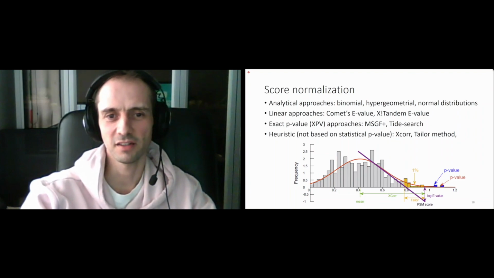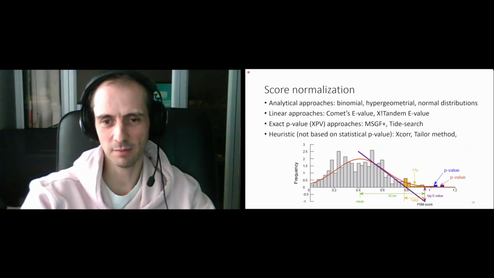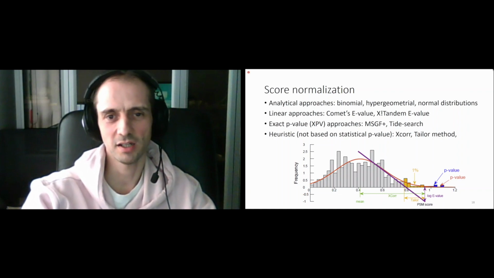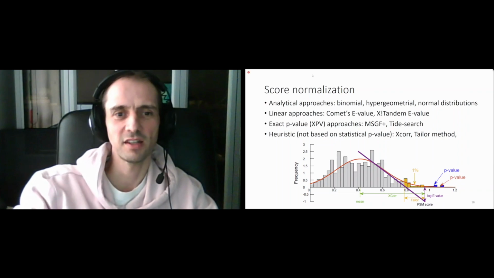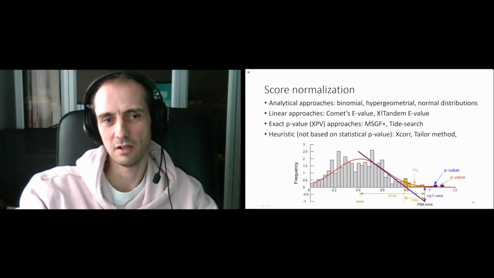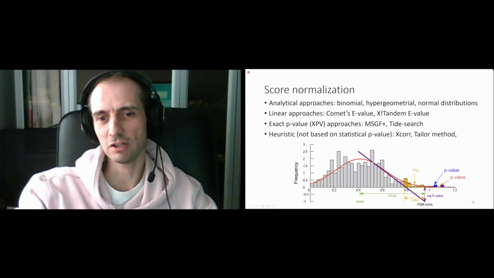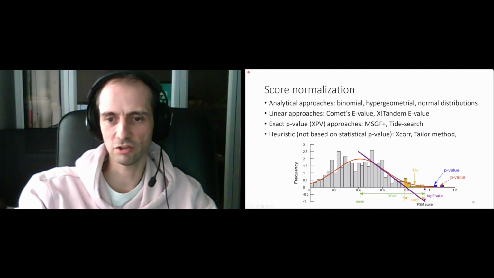Later, more data-driven approaches came into the game, and they decided to fit a linear regression line on the logarithm of the scores. They try to fit a linear line on this part of the null distribution.